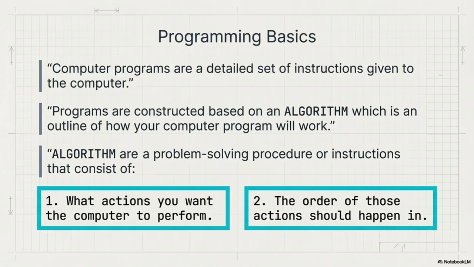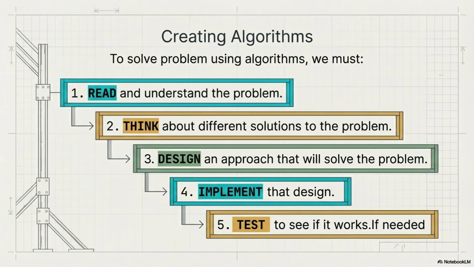So there are 2 main forms of algorithms that we are going to use, which are pseudocode and flowcharts. In creating an algorithm to solve a problem, we must first read and understand the problem.